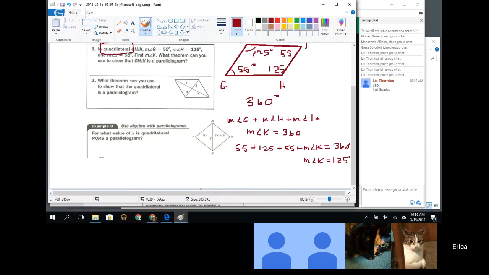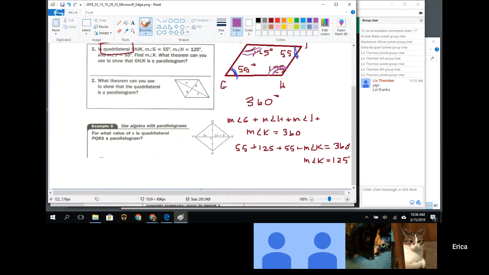So now what do I notice? Well, now I notice that angle G is congruent to angle J, and angle H is congruent to angle K. So both pairs of opposite angles are congruent to each other, right? And I have a theorem about this.